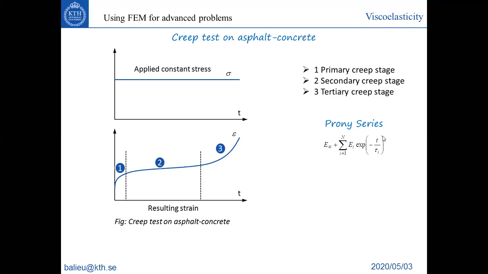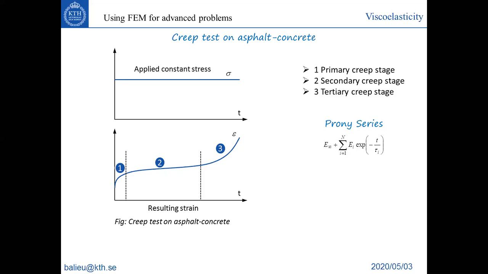That means the term exponential of 0 is equal to 1. So you have the sum of E infinity plus all the E_i. This is really close to the instantaneous behavior when t tends to 0, so you are able to model the direct instantaneous behavior of the material.